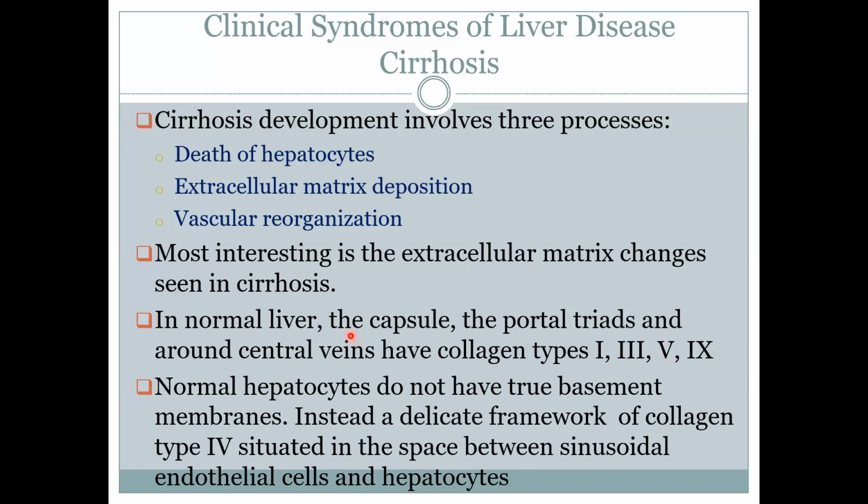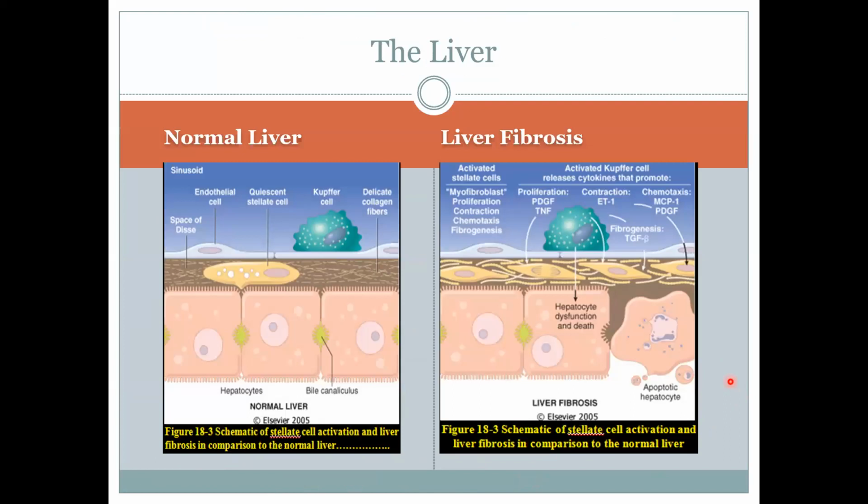Now, normal hepatocytes per se do not really have a basement membrane, but they do have a delicate framework of collagen type 4, as I mentioned to you, which is situated in the perisinusoidal space, separating the sinusoidal endothelial cells and the hepatocytes. We did talk about this a minute ago.